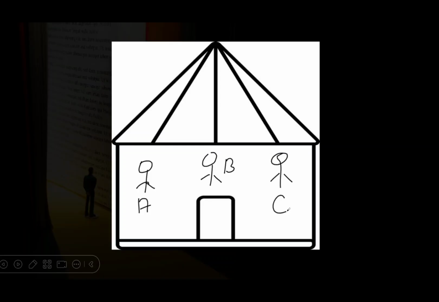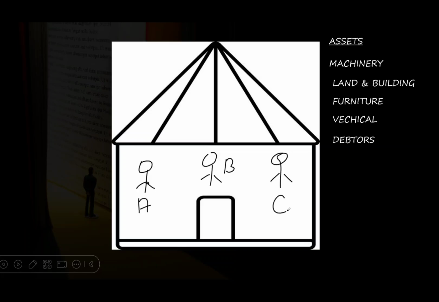They were running the business with certain assets and liabilities. Let's say, for example, these are the assets they had in the firm: machinery, land and building, furniture, vehicle, debtors, stock, bills receivable. They also had some cash and bank. So with all these assets, they were running the firm.